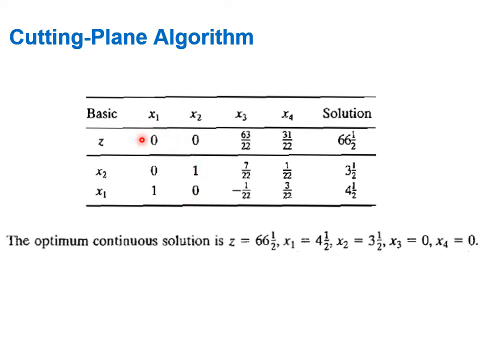The coefficients of the constraints are these numbers here: the coefficient of x1, the coefficient of x2, x3 and x4, and the right hand side. For each one of these coefficients, we represent them as an integer plus a non-negative fraction. This second part is important, non-negative fraction. And we learned how to do it last time.